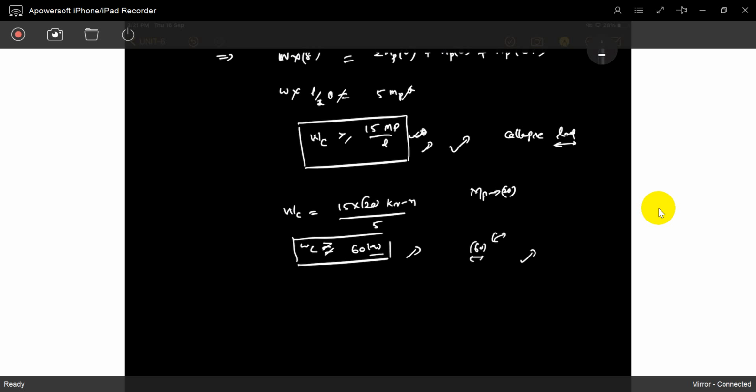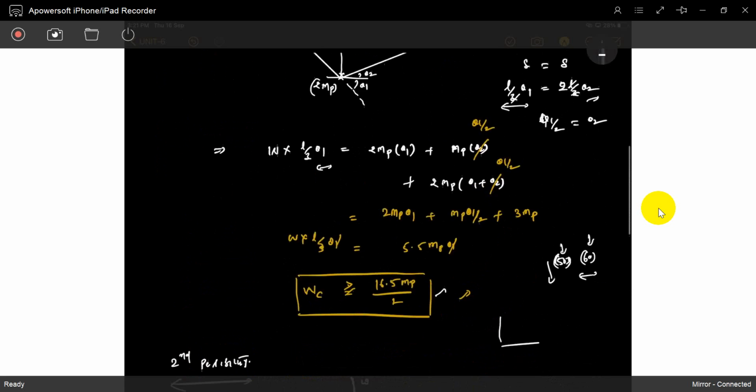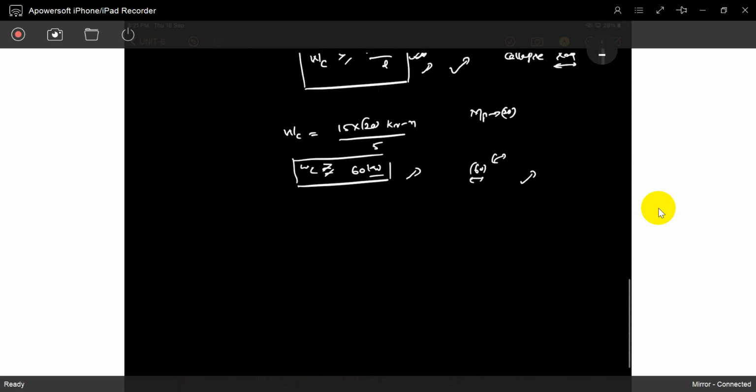So now we will shift. We just did only one beam. Now we can shift into continuous beams. Okay, we are now entering into continuous beams. Very simple chance are there.